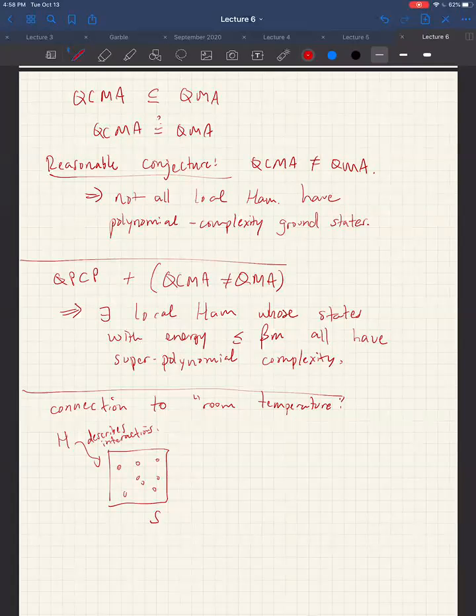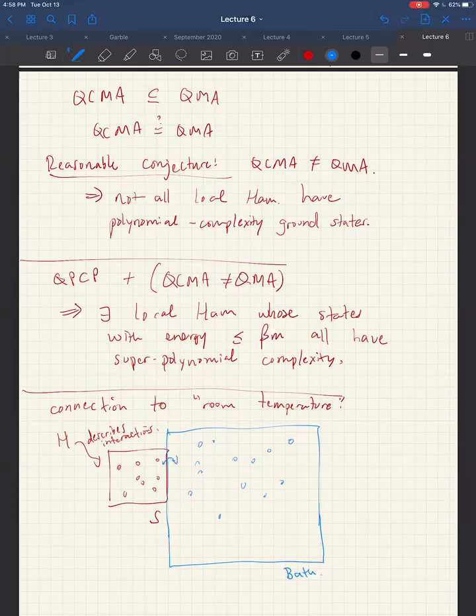When you have the system and you put it into contact with an external environment, something known as a bath that's much bigger than this system S, you can think of it as having an infinite number of particles, in equilibrium, with some interactions between the two.